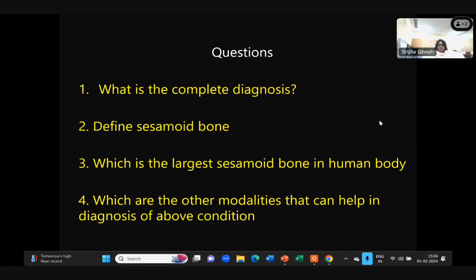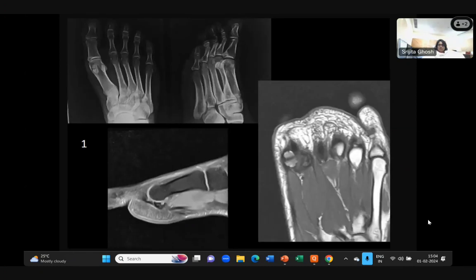There are two sesamoid bones, out of which the medial one is bipartite and the other one, if you see, has become sclerotic and irregular. So what has happened? Likely there's osteonecrosis with sclerosis of the lateral sesamoid. People have answered this correctly.